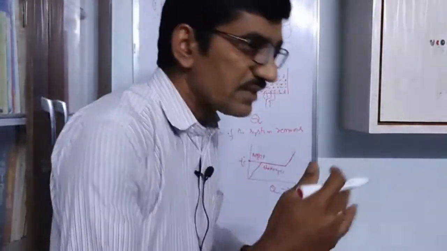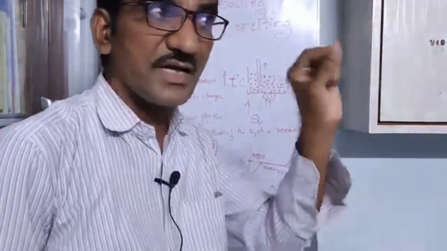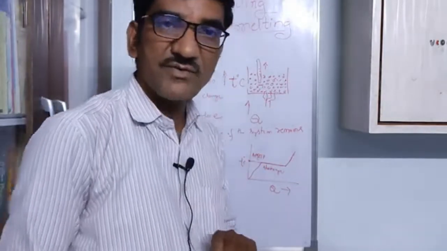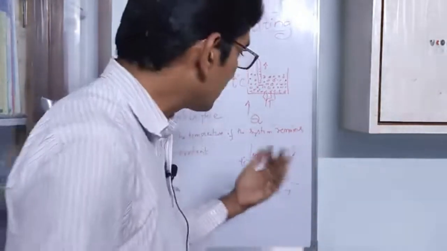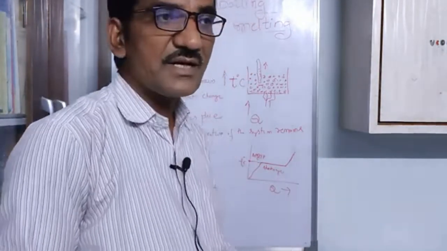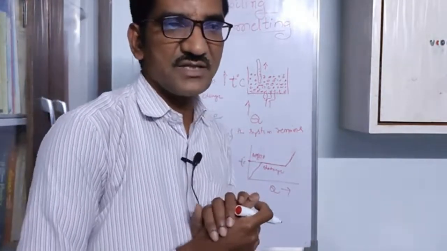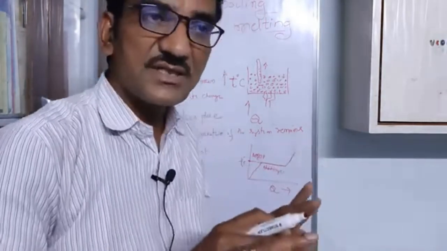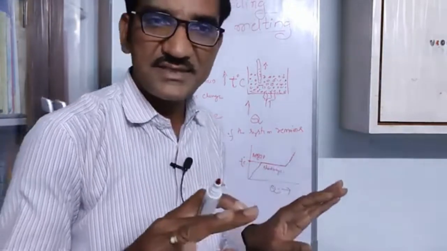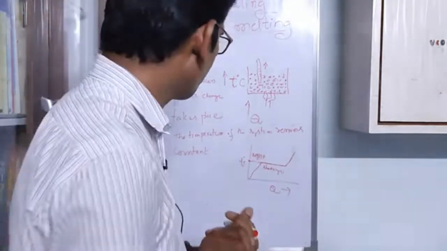In the process of heating you are seeing so many temperatures, but one particular temperature you are naming as a boiling point and another particular temperature as a melting point. Why are we naming like this? Because those temperatures are very special. Whenever the system reaches those temperatures, the temperature of the system does not fall or rise, that means it remains the same as long as the state change process completes.